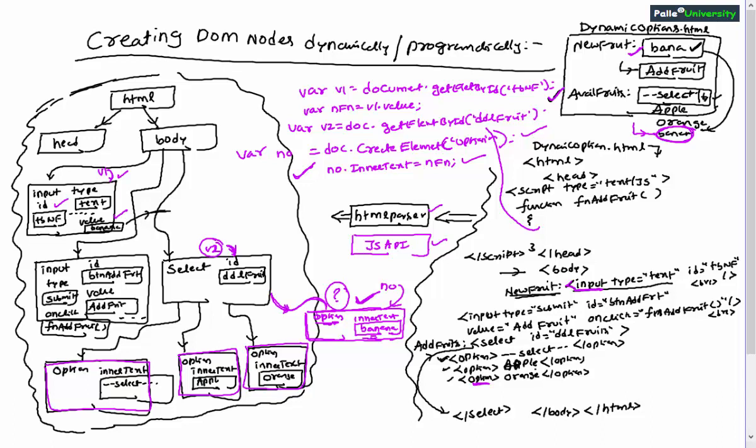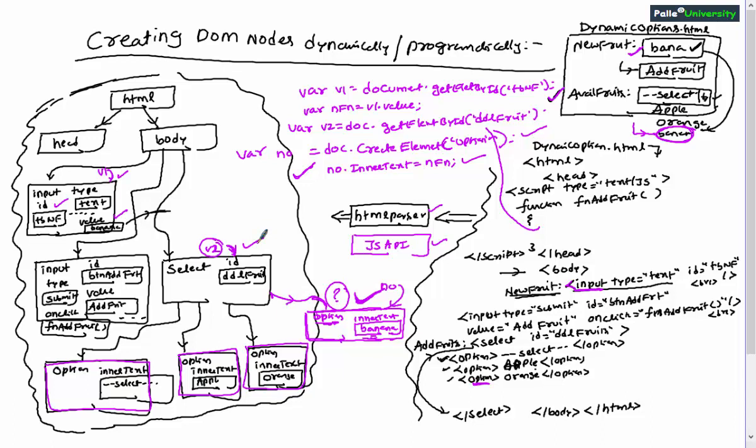But as of now, this newly created node will be an independent node which does not have any child, or which is not part of any element. Now my requirement is I want to make this newly created node a child node of this node.